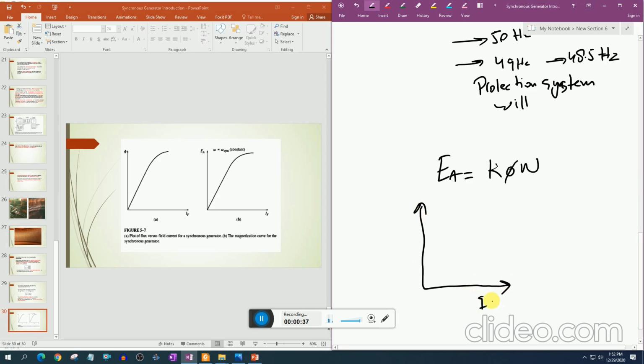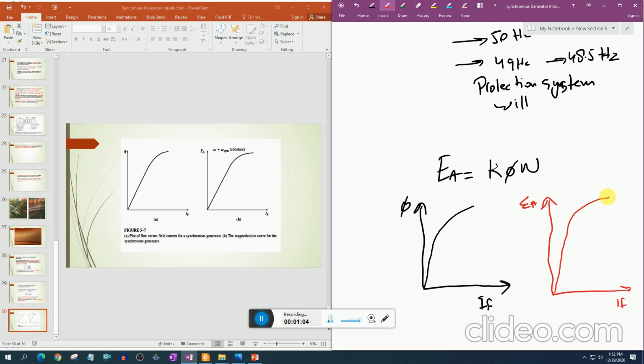if this is IF and this is the flux, as IF increases, flux increases. The same goes for EA, as the flux is directly proportional to EA: if this is the generated voltage and this is the field current, then when IF increases, the induced voltage increases.